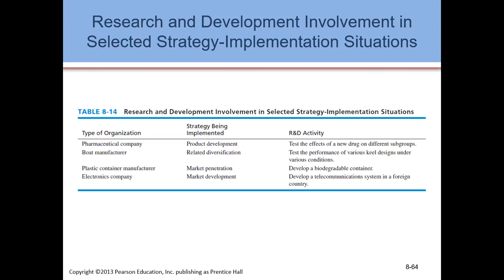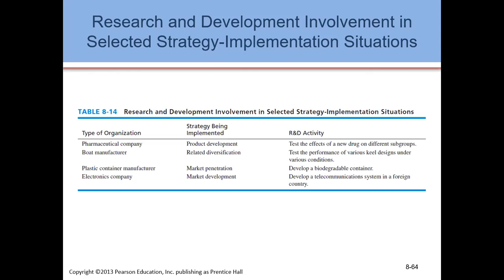Another example can be the type of organization. In this example it is a plastic container manufacturer, and the strategy being implemented is market penetration. Related to market penetration, the R&D activity needed is to develop a biodegradable container, which is also environment friendly, which is focusing upon the green aspects of the business.